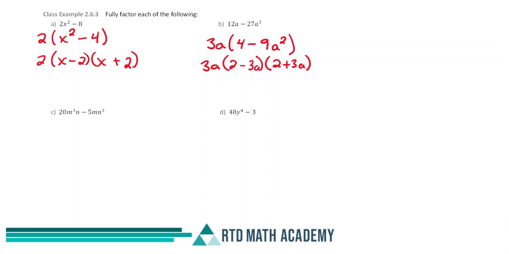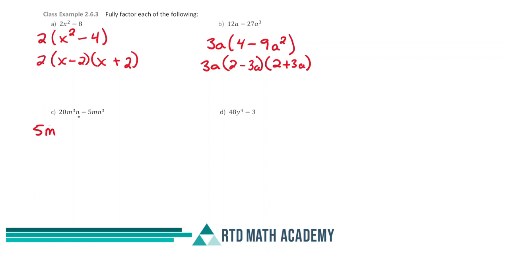Okay, let's look at C. So in this case, again, we should always see if there is anything we can factor out. And yes, there is. What's common between 20 and 5? That's 5. And then let's look at the m. What's common between m cubed and m? Well, that would just be m.